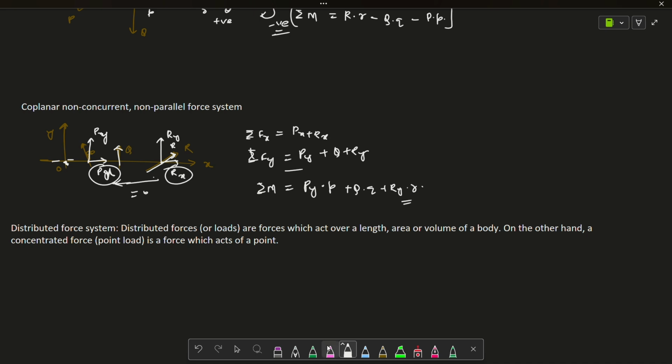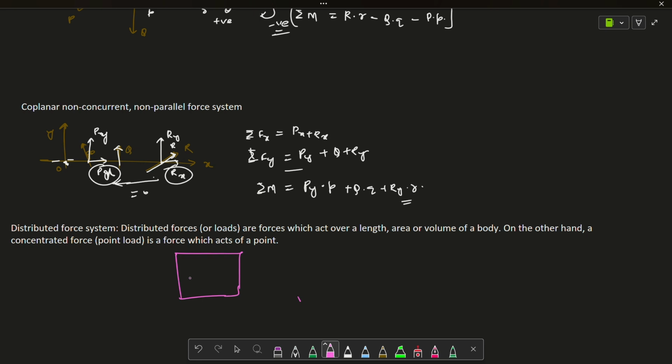Now I have written one simple case, the distributed force system. Distributed forces or loads are forces which act over a length, area or volume. On the other hand, a concentrated force, or point load, is a force which acts on a point. What does it mean?